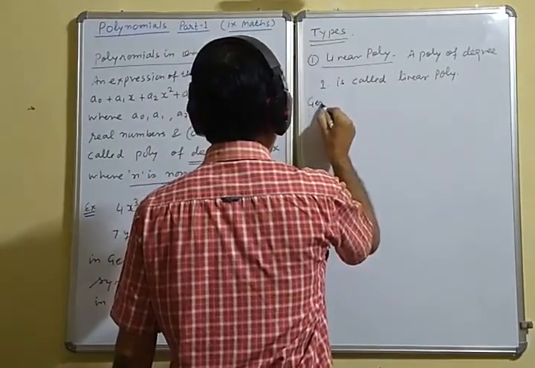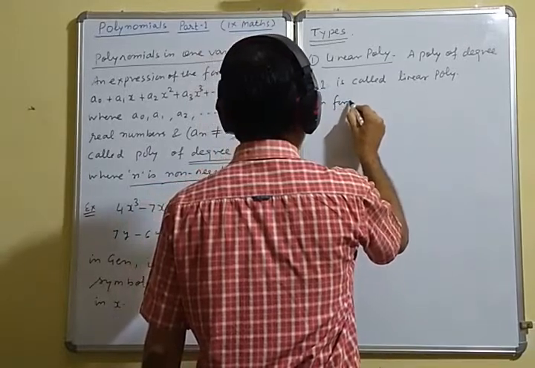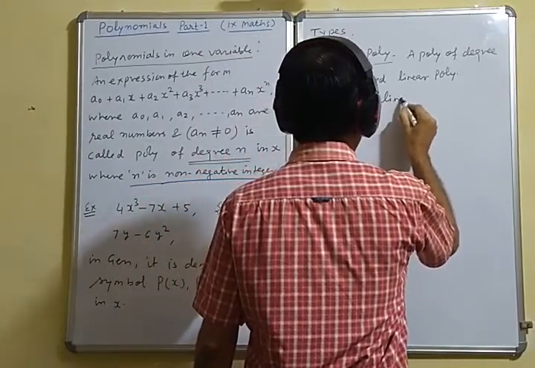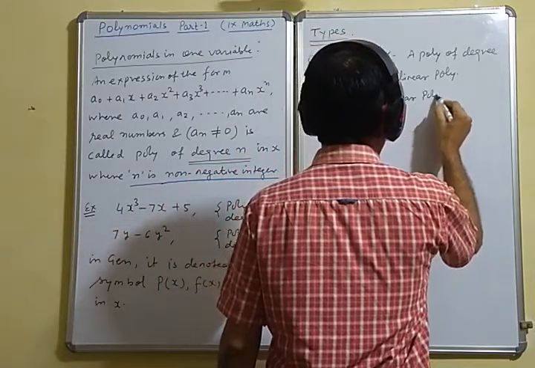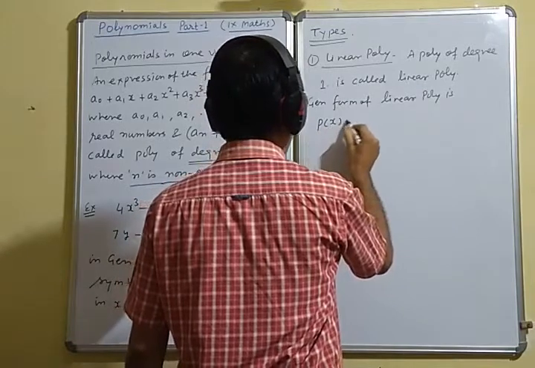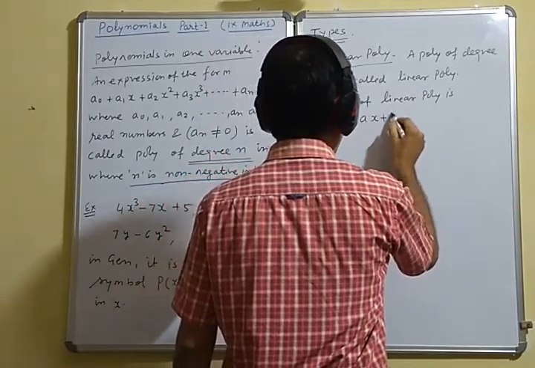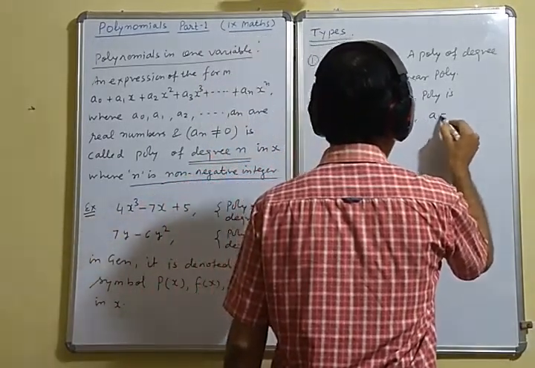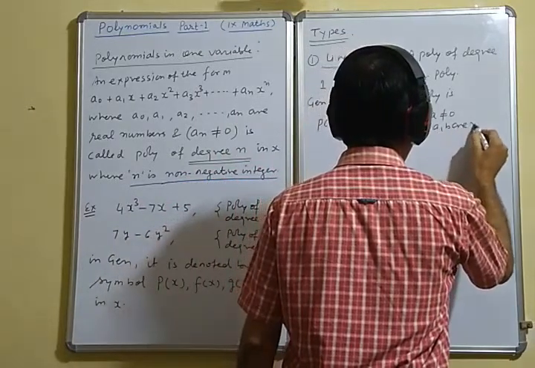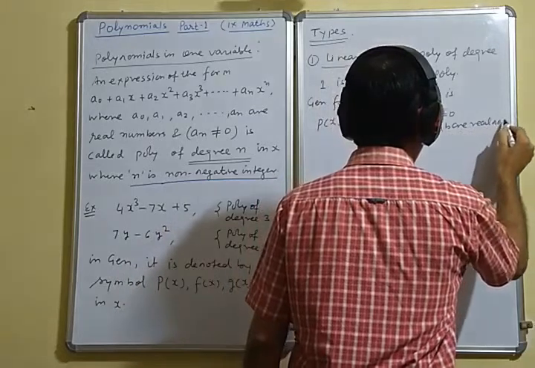General form of linear polynomial is p(x) = ax + b. a cannot be 0. a, b are real numbers.